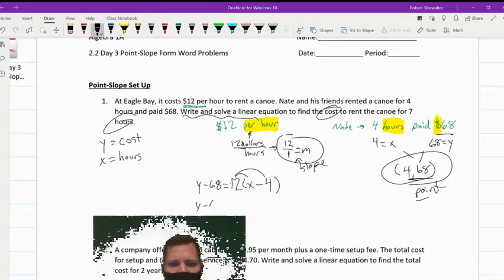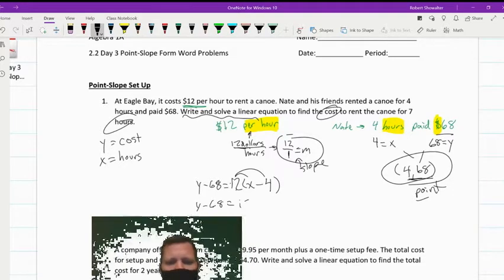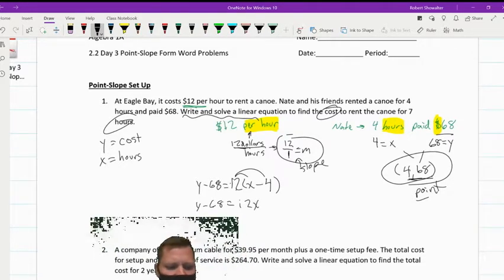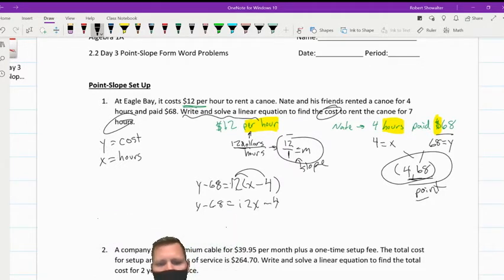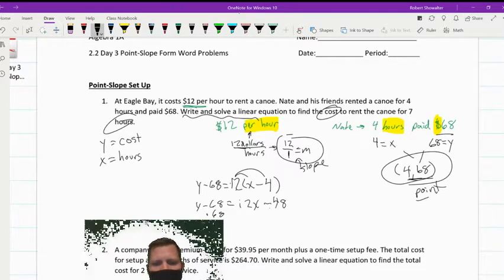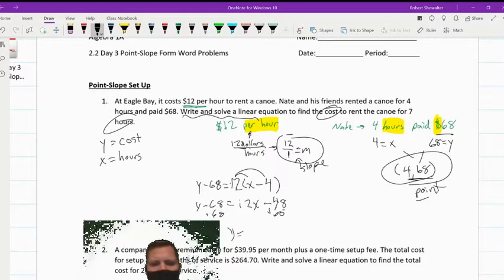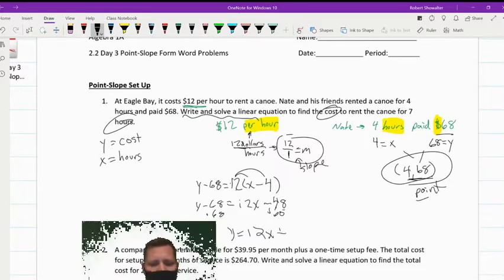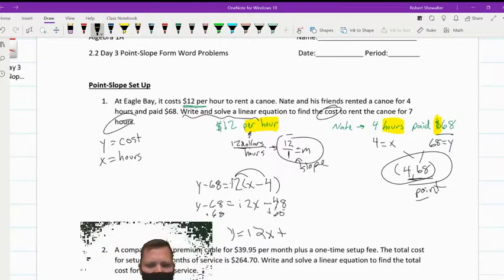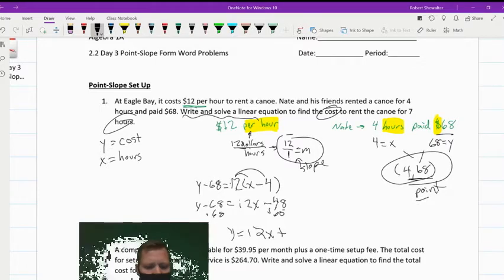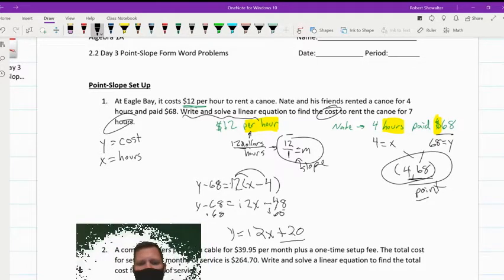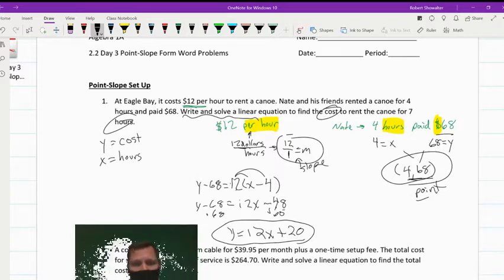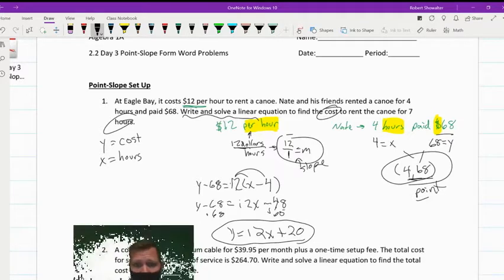So we get y minus 68 equals 12x, and then we get 4 times 12, which is 48. And now we're going to keep solving it. We're going to add 68, add 68. We get y equals 12x plus, negative 48 plus 68 is going to be 20. So this winds up being our equation that we're going to use in this problem.